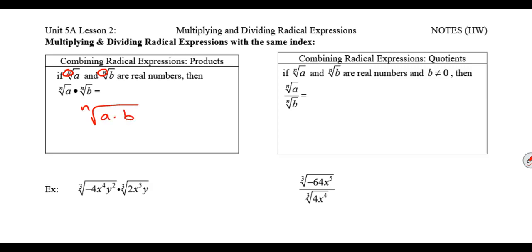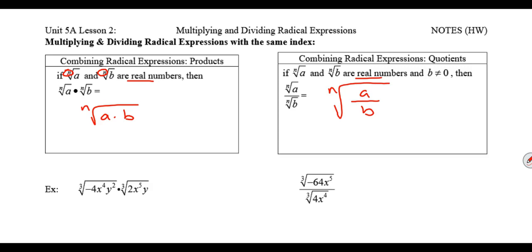Okay? The same thing with division, right? If the indexes are the same and they're both real numbers, that's an important part. To be able to do this, you have to have real numbers to start with. You can just turn that into one big problem where it's a divided by b. And then just do the division or do the multiplication, right?